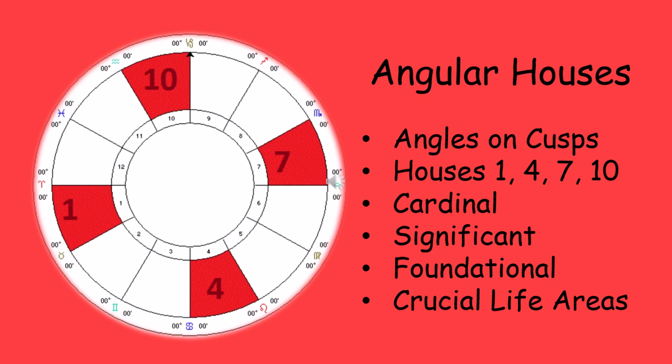These are also the natural houses of the cardinal signs of Aries, Cancer, Libra, and Capricorn. Because of their relationship to the angles, these houses are considered to be the most significant houses. They form the foundation of the rest of the chart, and they represent crucial life areas for the individual: their sense of self, their relationship to family, their relationship to others, and their relationship to society as a whole.